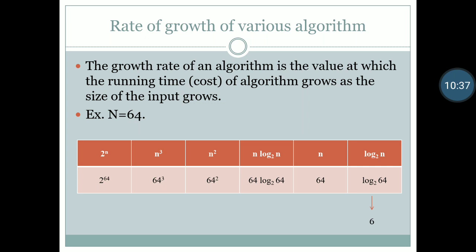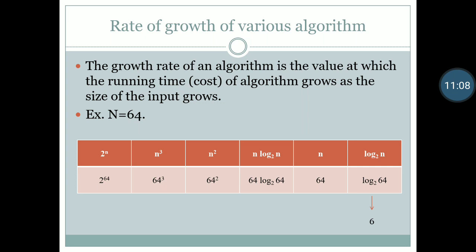In that, our input value n is 64. So our values will be like this: 2 raised to 64 for the first algorithm, 64 raised to 3 for the second, 64 raised to 2 for the third, 64 log 64 at base 2 for the fourth, only 64 for the fifth, and for the last algorithm, log 64 at base 2.